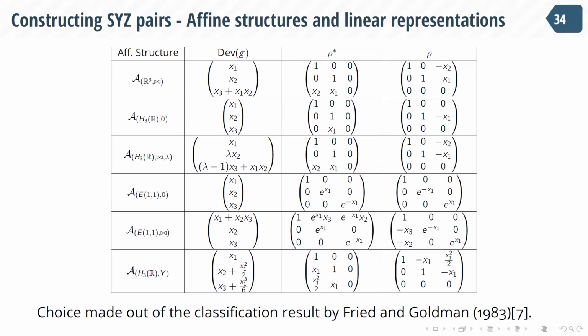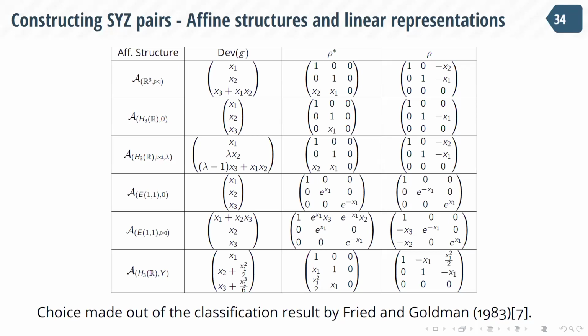I'm adopting the notation we use in the preprint. So we are denoting the affine structure with the developing map and the linear part of the holonomy representation. And then we used this homomorphism rho and rho star to obtain a six-dimensional Lie group and the corresponding Lie algebra.